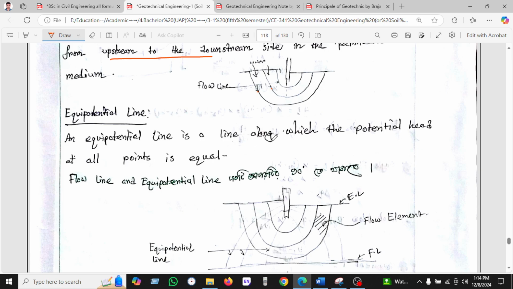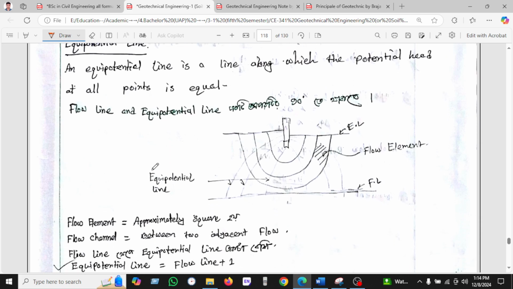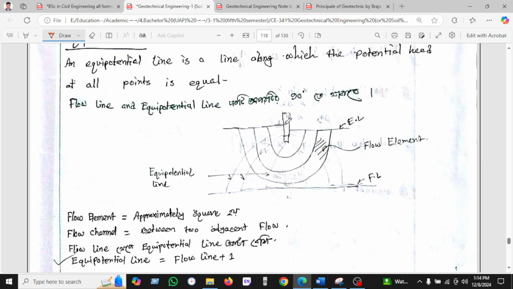The equipotential line is a line along which the potential head at every point is equal. This is the equipotential line, and this is the pile or footing. The line coming from the footing is called the equipotential line.